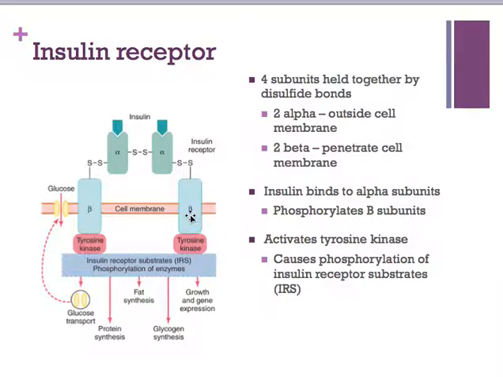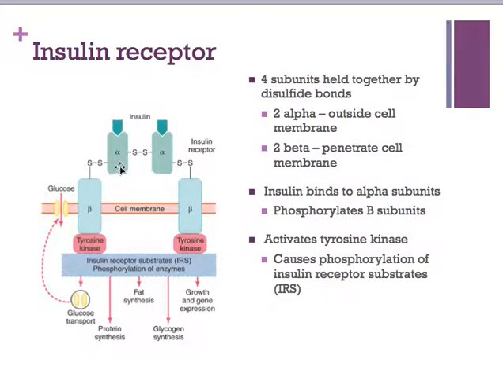When that phosphorylation occurs, we have the activation of tyrosine kinases so that we have the phosphorylation of insulin receptor substrates, or IRS. As we mentioned in the introductory chapter, most of these hormonal products in the endocrine chapter will involve some sort of second messenger signaling, which will involve the activation of tyrosine kinase, one of the most common second messenger systems in the body.